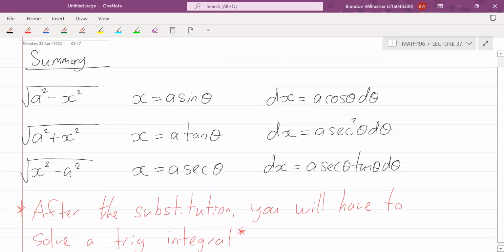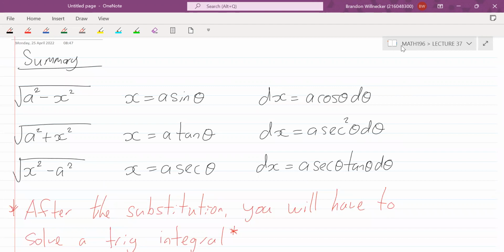That's just a summary of what we need to do. Are there any questions so far? It's just a list of substitutions you need to make, depending on what you're given.